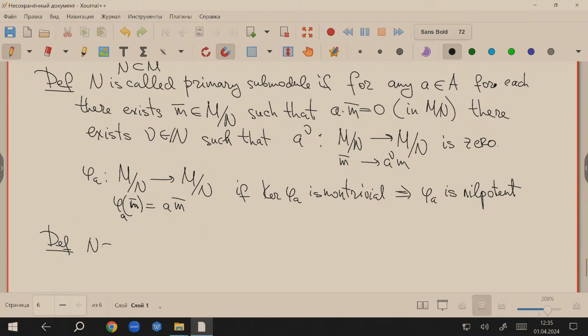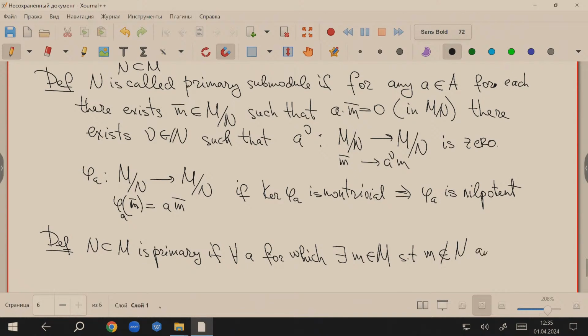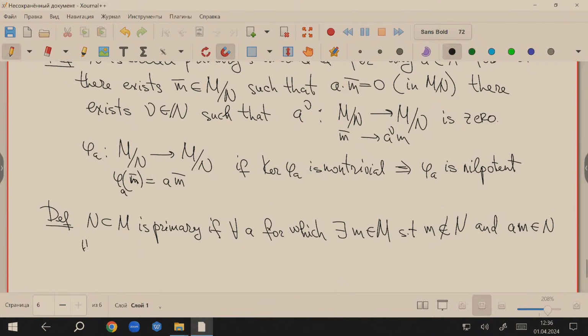So N is primary if for any a for which there exists m in M such that m is not in N and a times m is in N, we have that there exists nu from the natural numbers such that a^nu times M sits inside N.